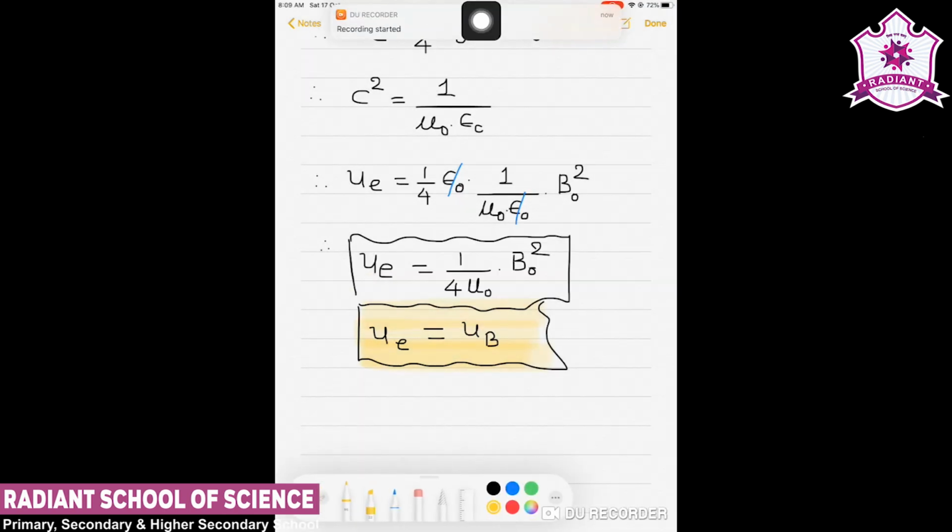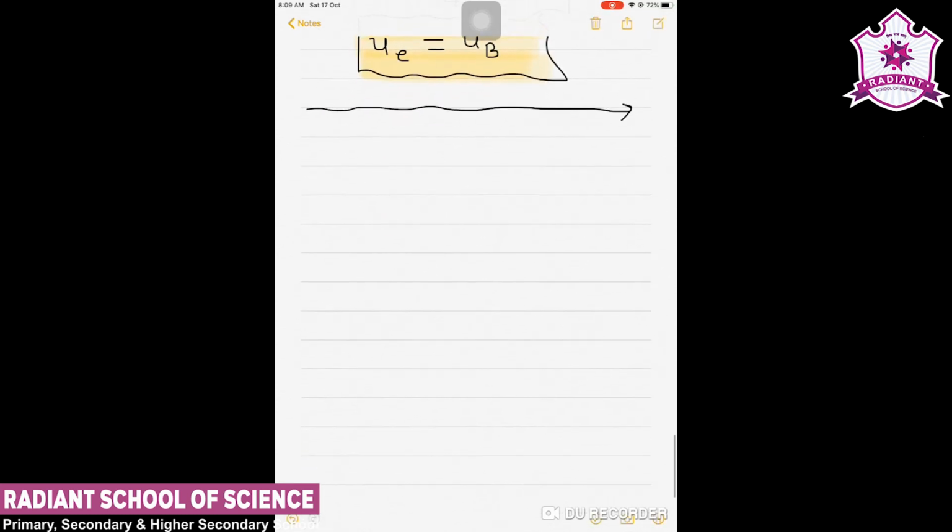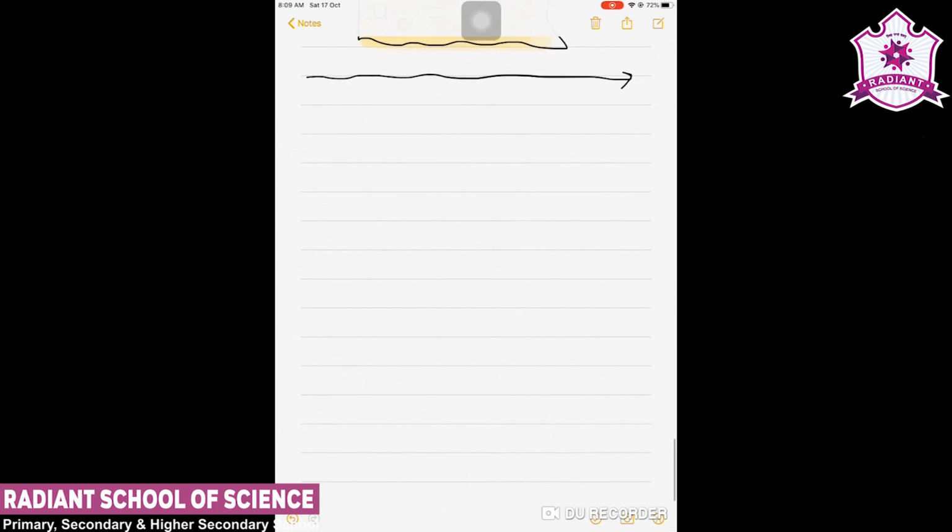Dear friends, now we will move to illustration number 5 of the exercise, that is the next question. We see what the given conditions are and what we have to find out in the question. That is also one of the important questions.